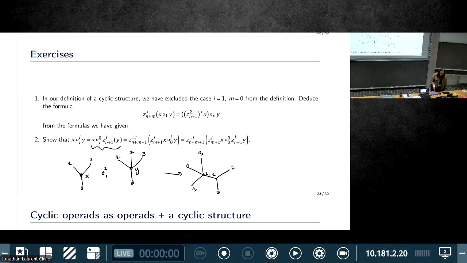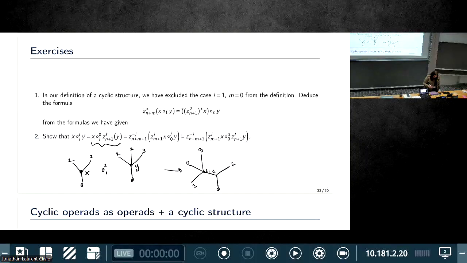And this is really worth just drawing a couple of pictures like this and trying a few, and you'll see it works out very easy. So if you haven't played with these things, this is a really useful exercise. It'll take you 20 minutes, and then you'll feel like you understand all of cyclic operads. I mean, you won't, but you will feel like it. I don't understand them either, but it's definitely one of those things.